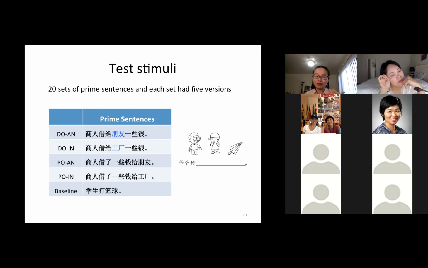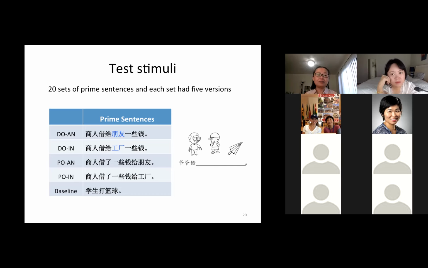Also we are interested in whether the syntactic processing is independent of semantic information. So that's why we have AN and IN. AN means animate, IN means inanimate. So this is the manipulation of semantic information. For example, the object 朋友 here is animate, 工厂 is inanimate.